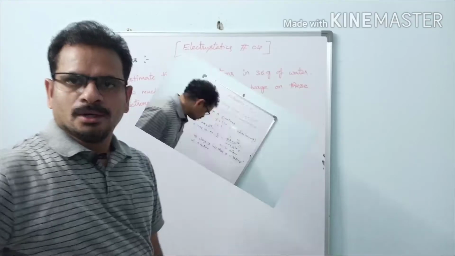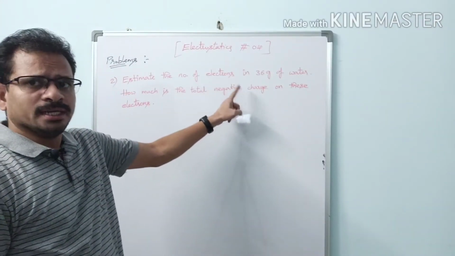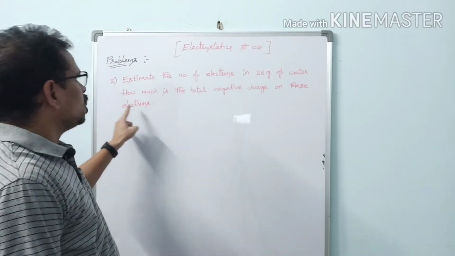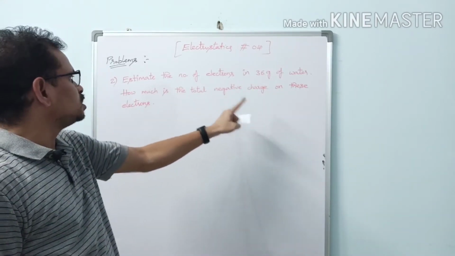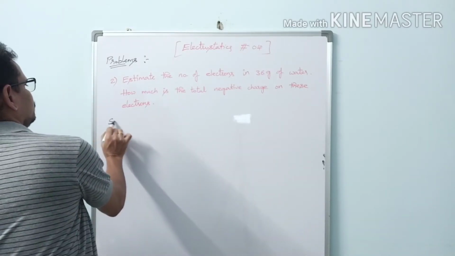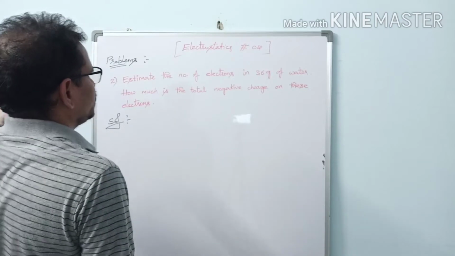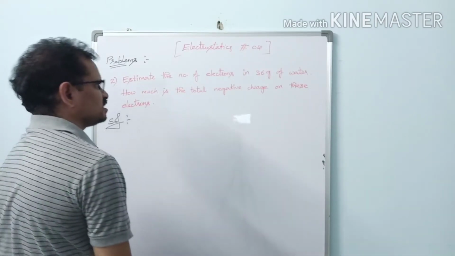Next question: estimate the number of electrons in 36 grams of water. How much is the total negative charge on these electrons? So we are interested in finding the number of electrons in 36 grams of water.